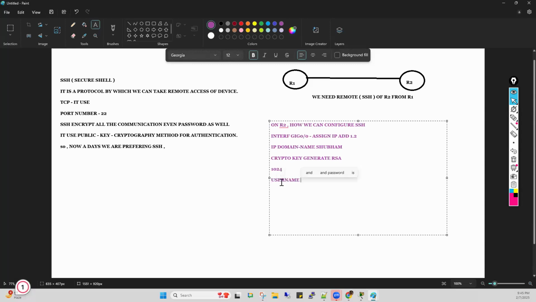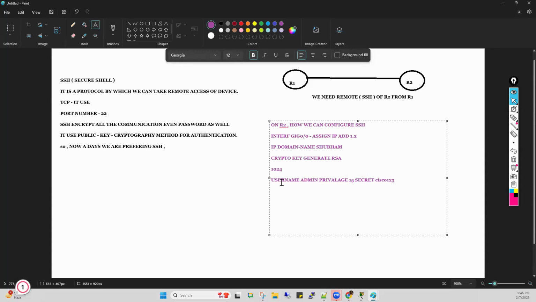Username, for example admin, then privilege, then a number, then secret and whatever password you want. For example, Cisco123. Set the password here.